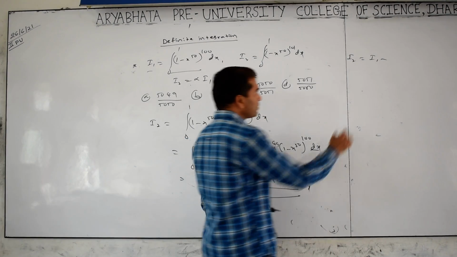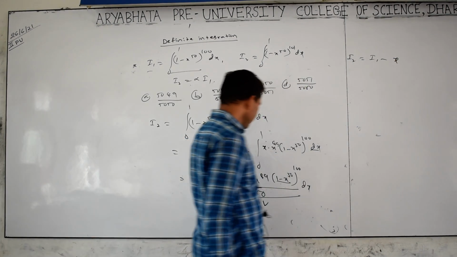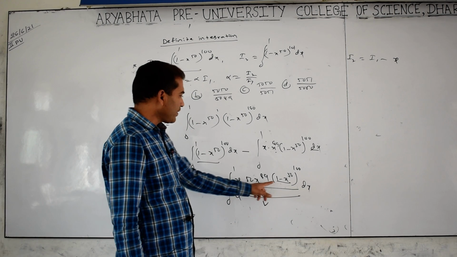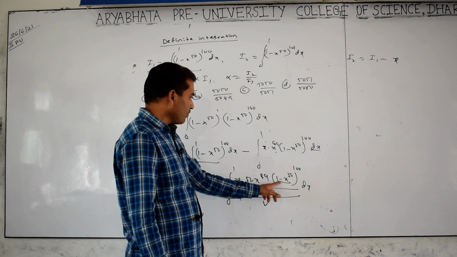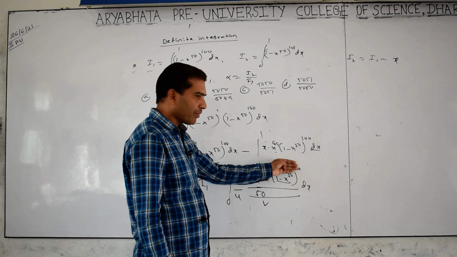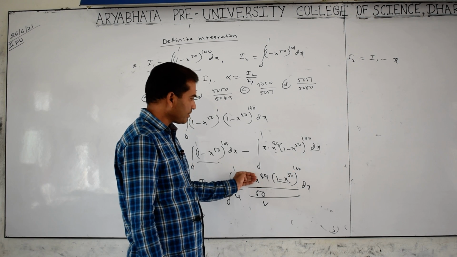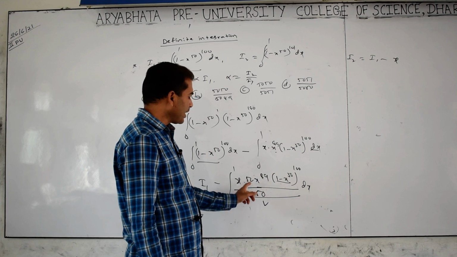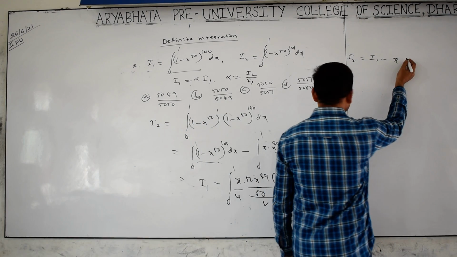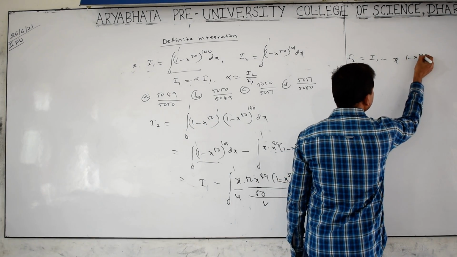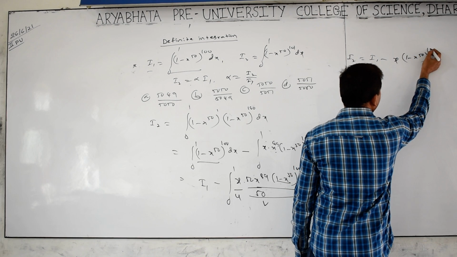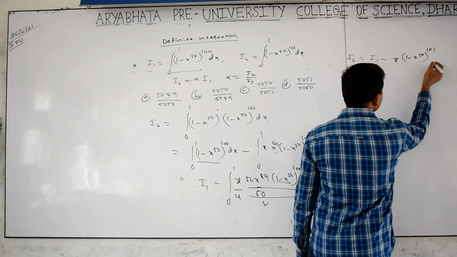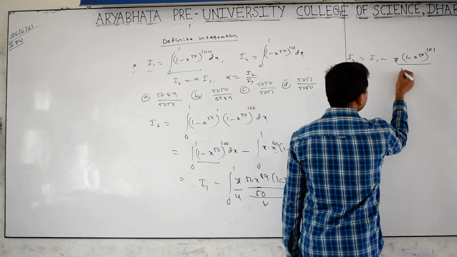u is x. The integration of (1 minus x power 50) whole power 100 with derivative 50 x power 49: f of x whole power n into f dash x dx equals f of x whole power n plus 1. So it is (1 minus x power 50) whole power 101 by 101, and 50 is already there.